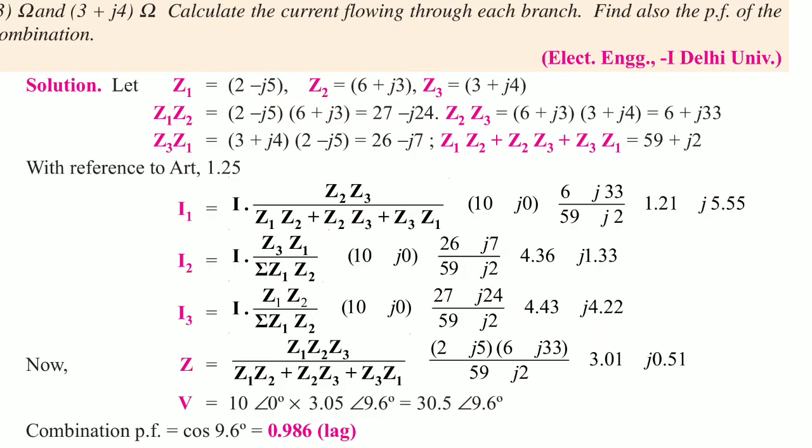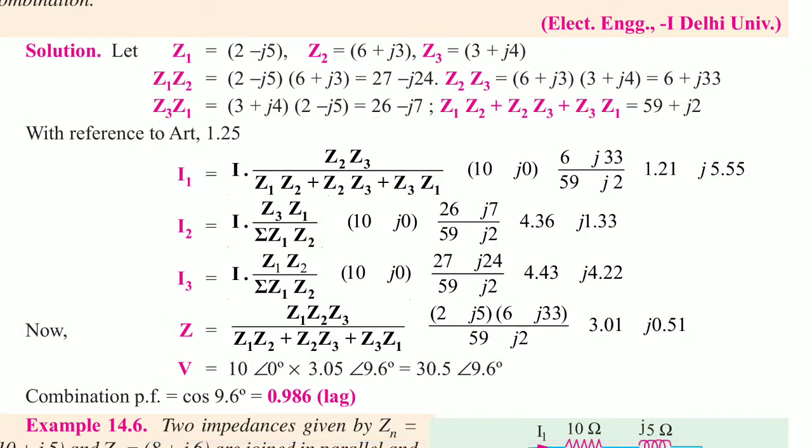So 10 into 6 plus J33 divided by 59 plus J2 is equal to 1.21 plus J5.55. That is I1, the I1 current.